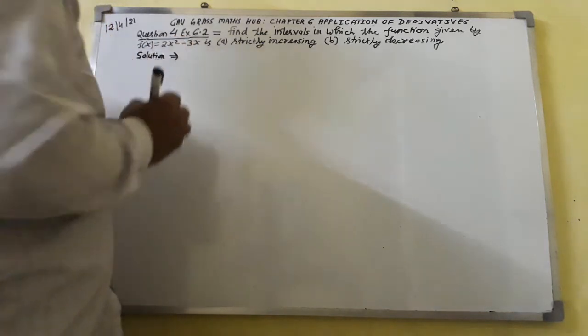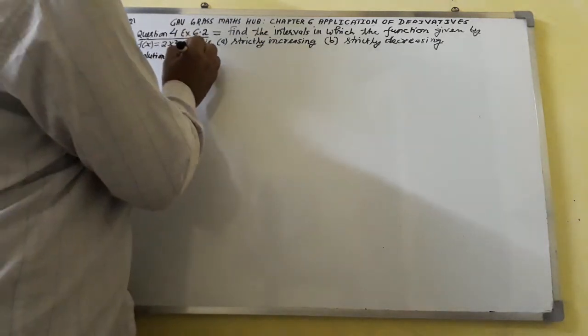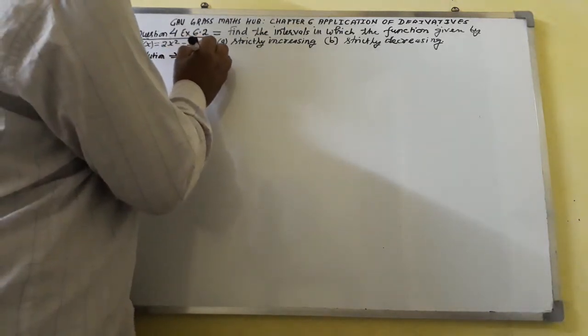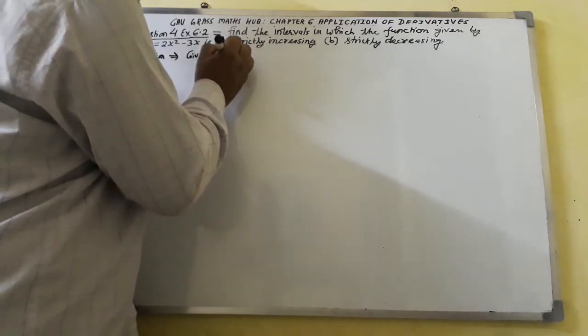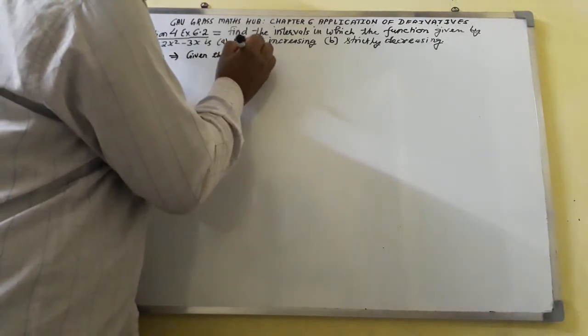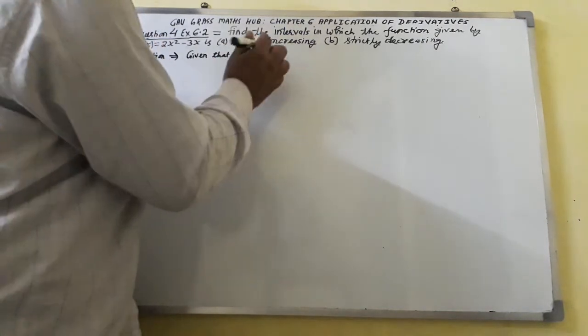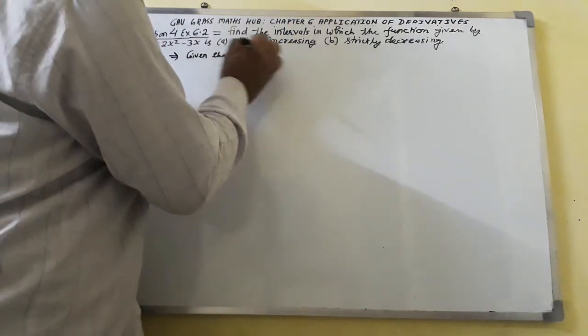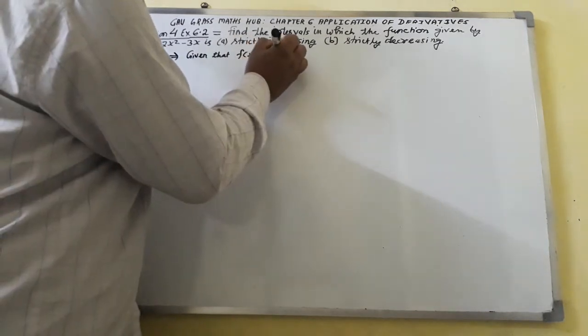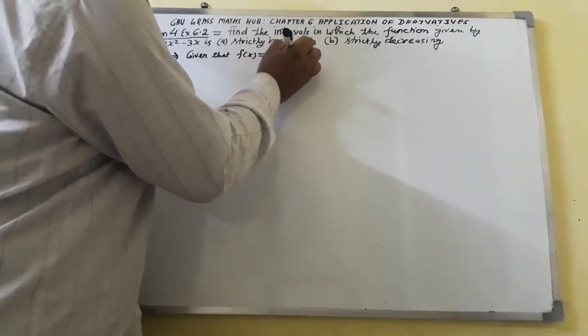Given that f of x equal to 2x square minus 3x.